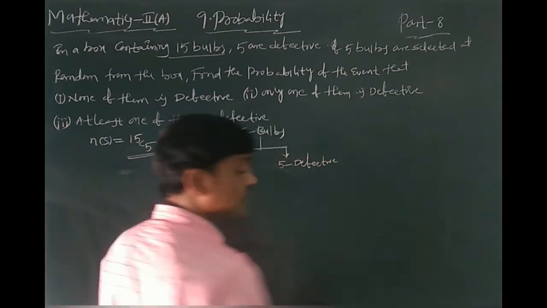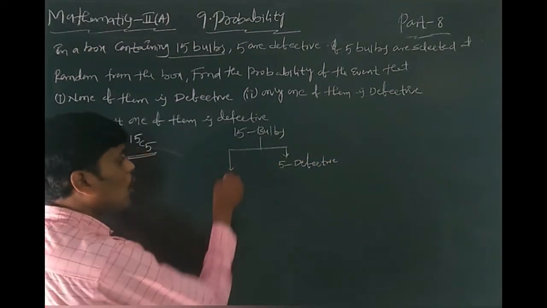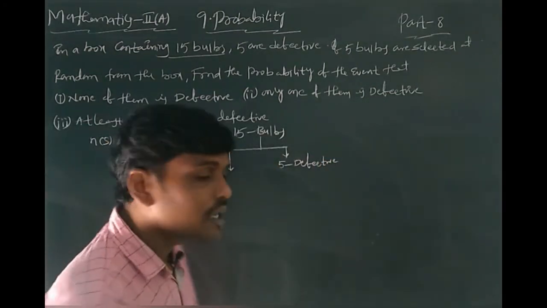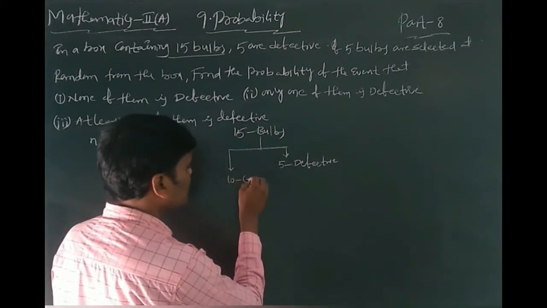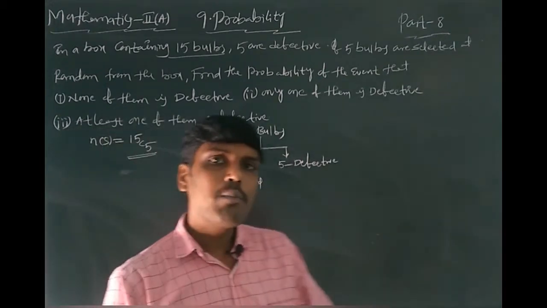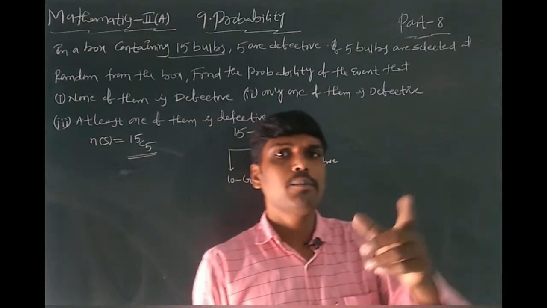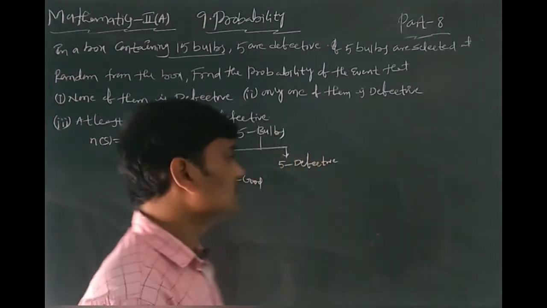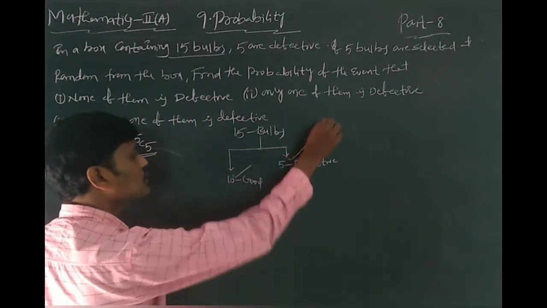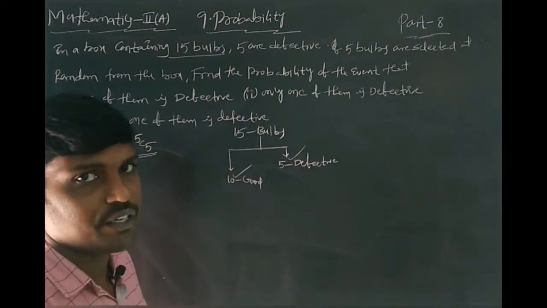Remaining, 15 minus 5, 10 bulbs are good. That's why here 10 bulbs are good and 5 bulbs are defective.